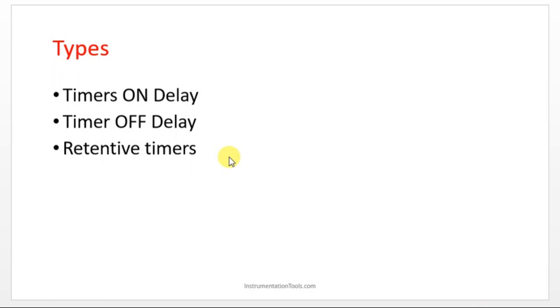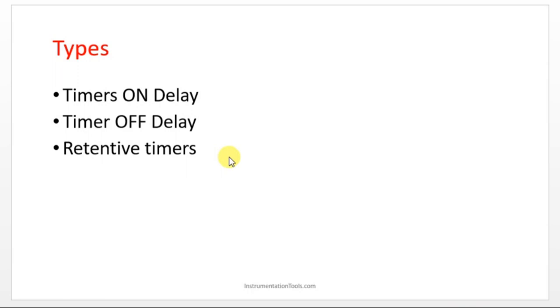But when you turn off the switch, you don't want your motor to turn off immediately, but after some time. In this case, you can make use of the off delay timer and turn off the motor after some seconds. So that is the timer off delay.